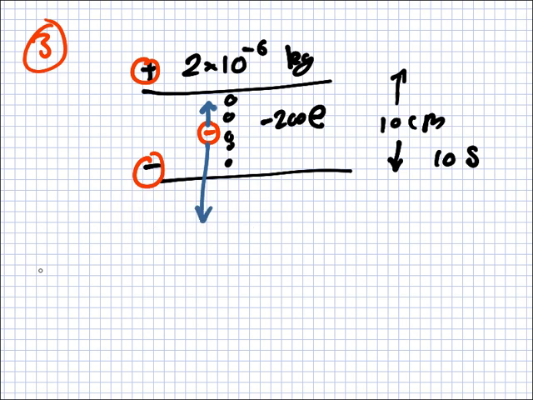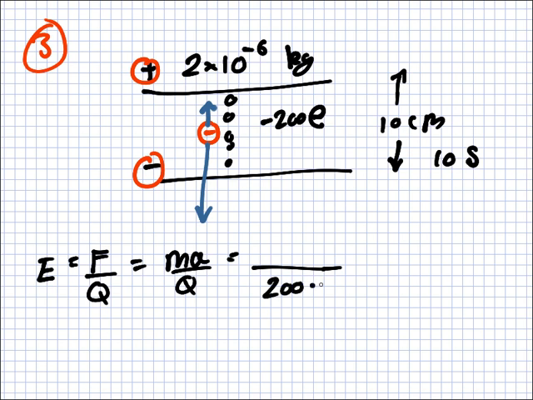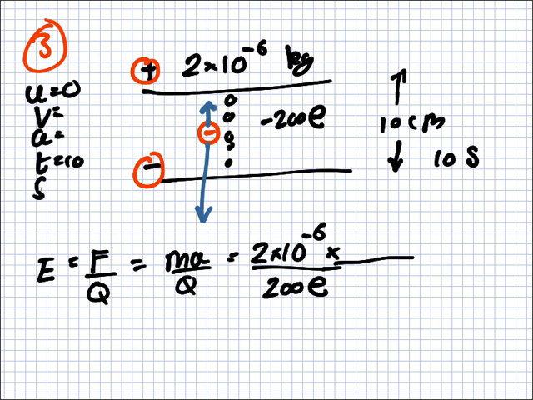So what do I ask you for? The E. So E equals F over Q, which equals MA over Q, which equals 2 times 10 to the minus 6 times A over 200E. I won't worry about the minus because I'll figure out the sign in a second. I'll just make everything positive to keep it easy. So the U is 0, the V we don't know, the A we don't know, the T is 10 and the S is 0.1.